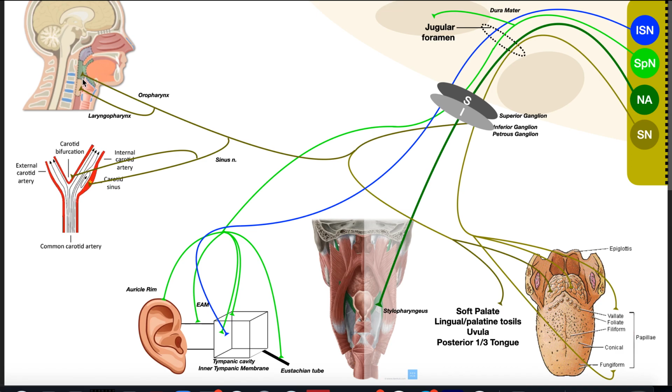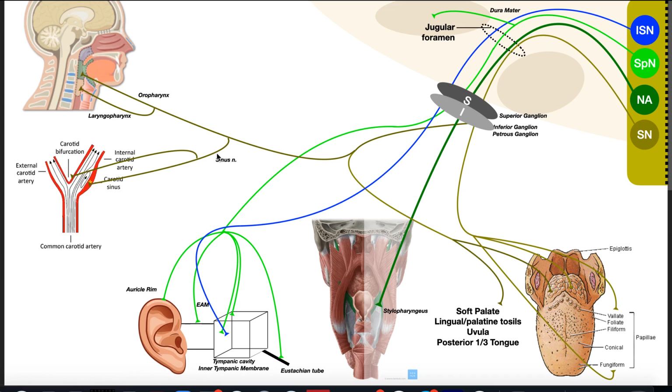But the glossopharyngeal nerve relays sensory information from the oropharynx and the laryngopharynx. Again, we can follow those afferent fibers. They ultimately come back up here through the inferior ganglion, superior ganglion, back to the jugular foramen and to the solitary nucleus.